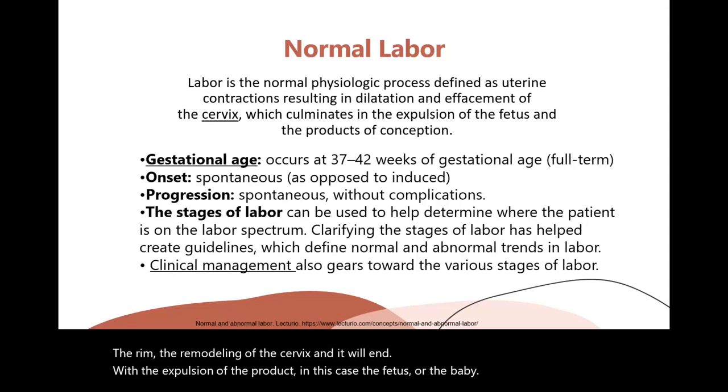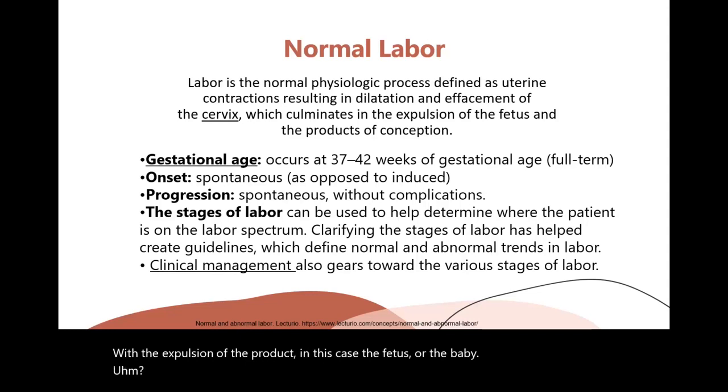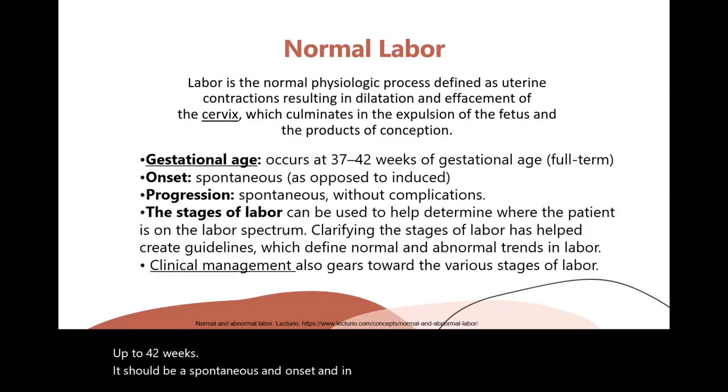Gestational age at the end of the pregnancy as a full term can occur between 37 up to 42 weeks. It should be spontaneous in onset and in progression.